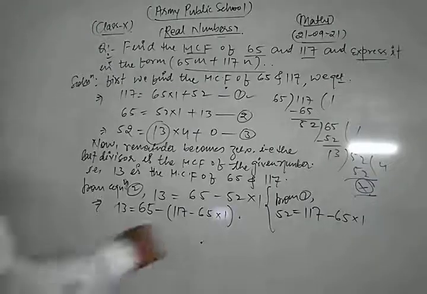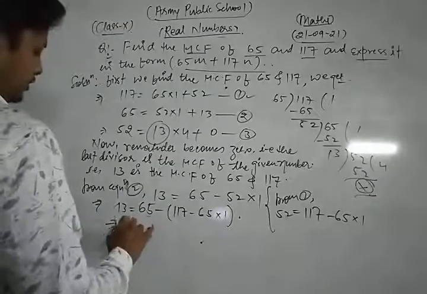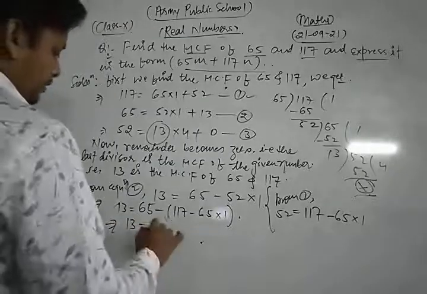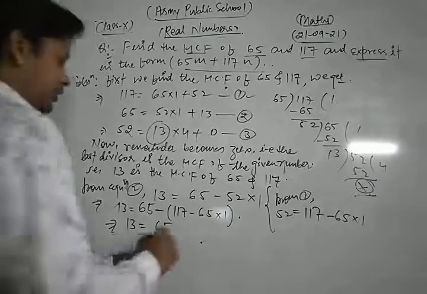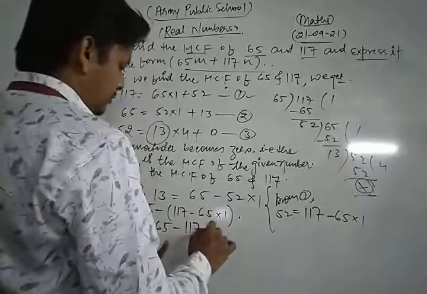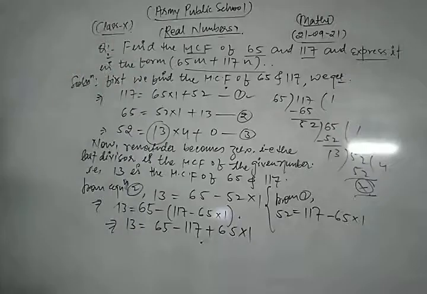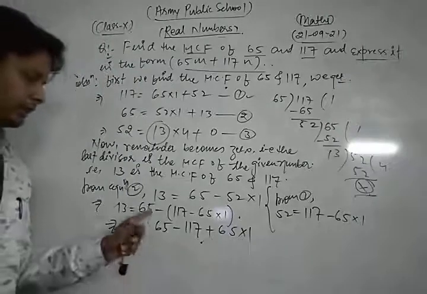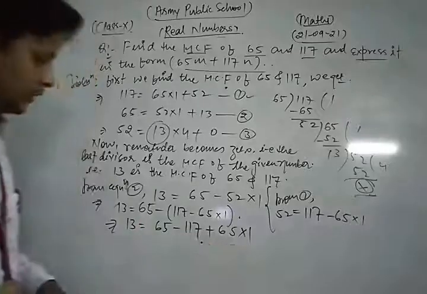Now we break the brackets, so 13 is equal to 65 minus 117 plus 65 into 1.